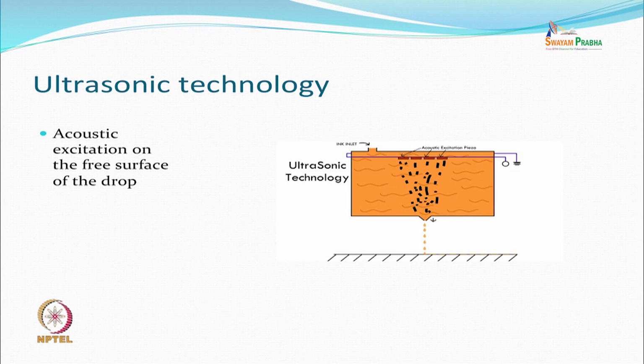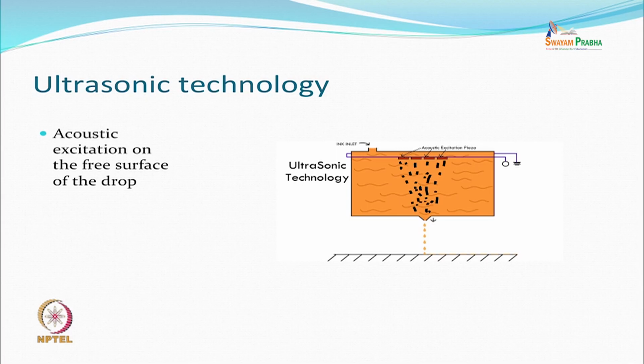So what you say is, once you know a technology exists and you can generate a bubble, you can place these things anywhere and keep doing your job. Another technology which has also been used to create drops is acoustic excitation.